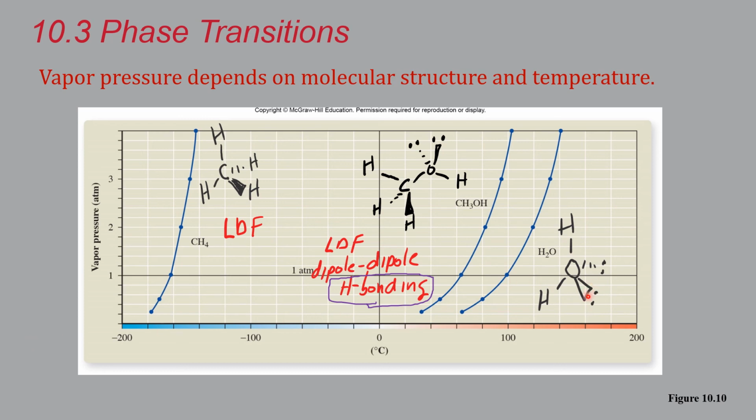Now, what about water here? It's actually the same situation. There are London dispersion forces. It's a polar molecule because of the oxygen-hydrogen bond, so there are dipole-dipole interactions at work here. But it also hydrogen bonds. And when you've got hydrogen bonding, that's usually by far the most significant intermolecular force.